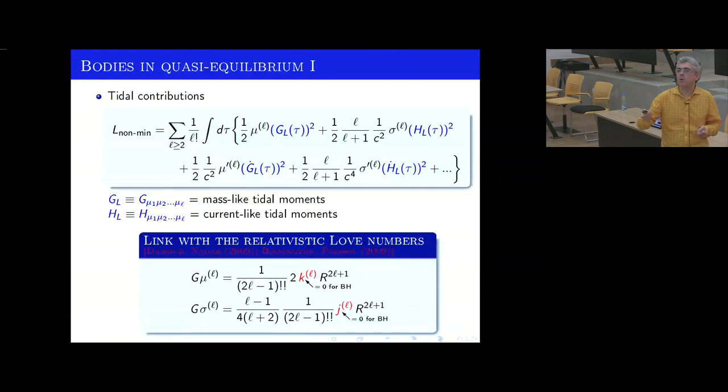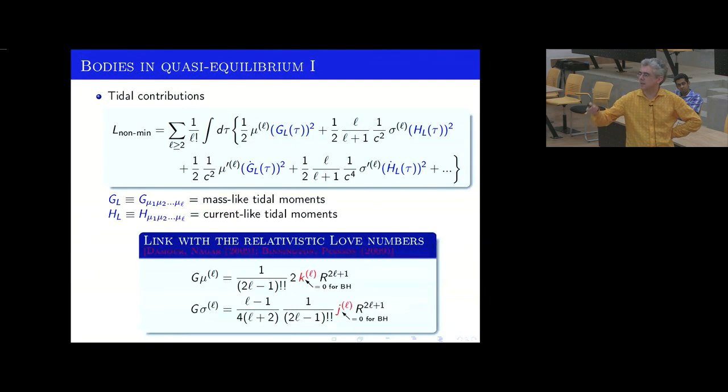Those allow us to define mass-like tidal moments and current-like tidal moments. And the coefficients in front of this are related to the Love numbers. They are the relativistic definition of the Love numbers. Here, for instance, you can see that the effect is proportional to some power of the radius of the body.